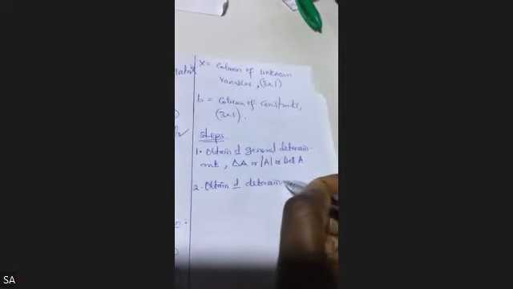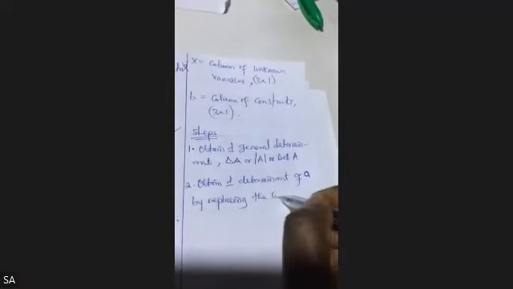The general determinant is A, or it can be written as the determinant of A. Now, number two: obtain the determinant of A by replacing, please pay close attention, by replacing the column of A with the column of constants.